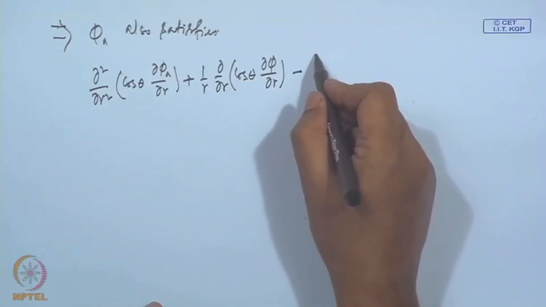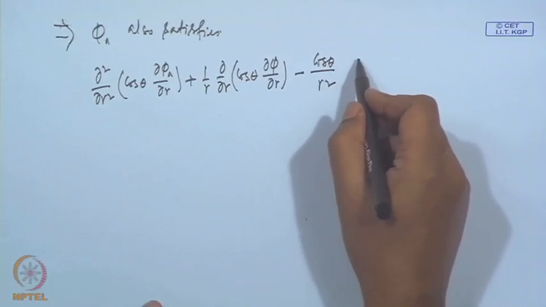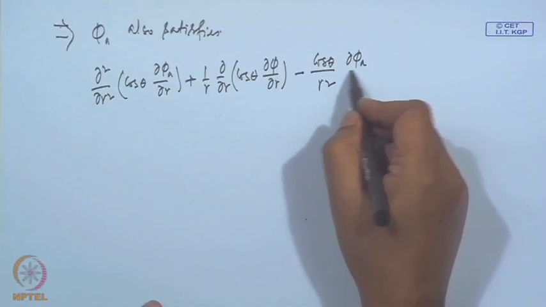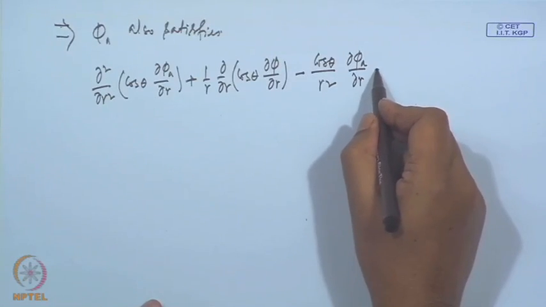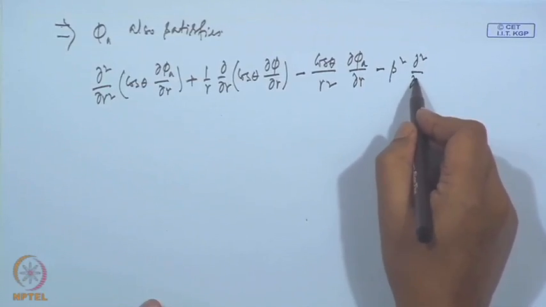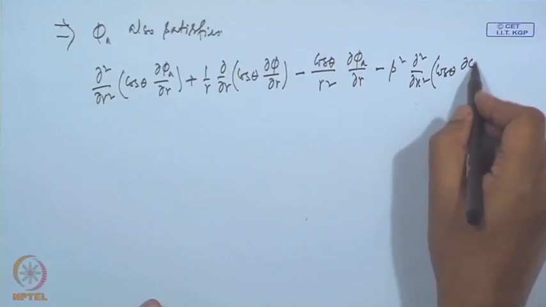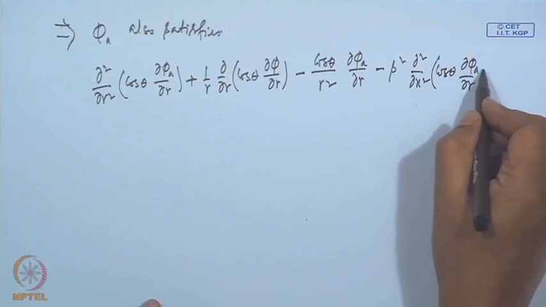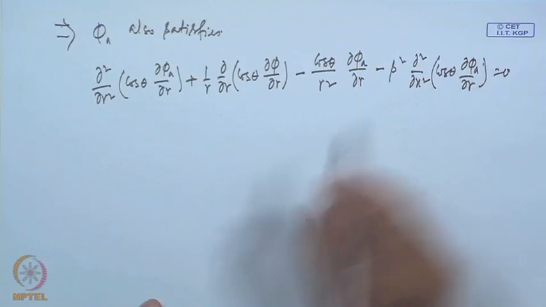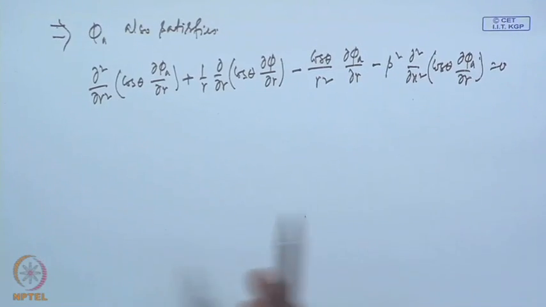So, minus cos theta by r square d phi a dr minus beta square d 2 dx 2 cos theta d phi a dr equal to 0. Or for this equation cos theta d phi a dr is a solution.